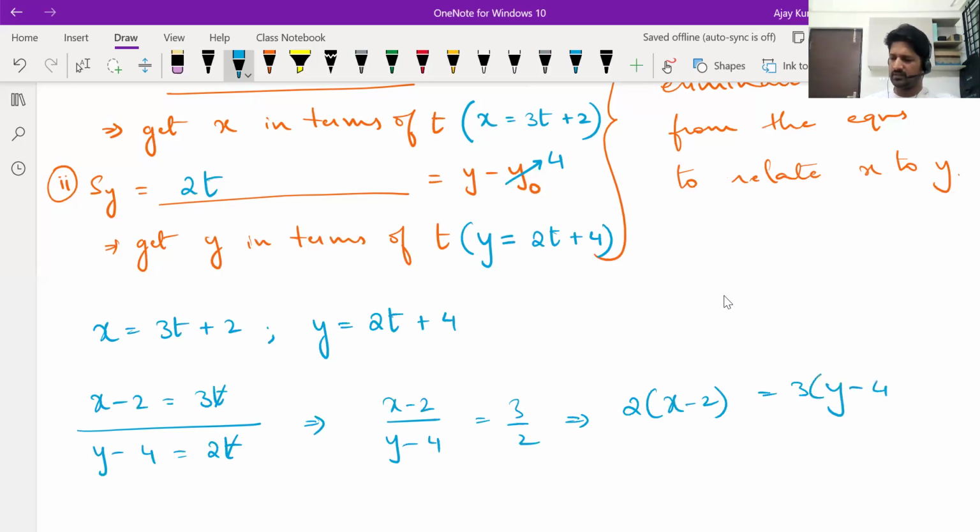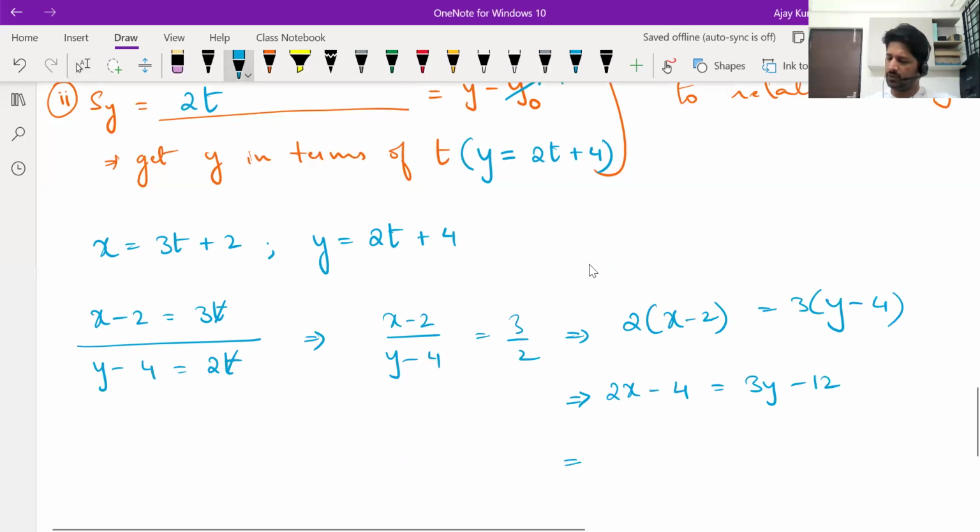I'm doing it very slowly, step by step. If you practice a little bit of mathematics, solving equations and all, you'll be able to do it much faster. So 2x minus 4 is equal to 3y minus 12. That's all. You can send the 12 this side if you want. So 3y becomes 2x plus 8.